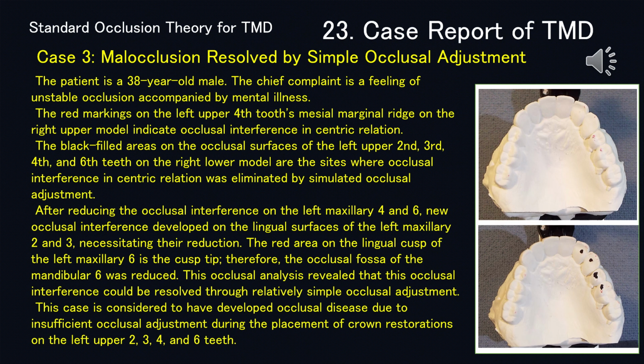This occlusal analysis revealed that this occlusal interference could be resolved through relatively simple occlusal adjustment. This case is considered to have developed occlusal disease due to insufficient occlusal adjustment during the placement of crown restorations on the left upper 2, 3, 4, and 6 teeth.